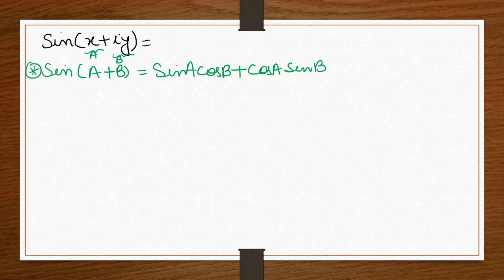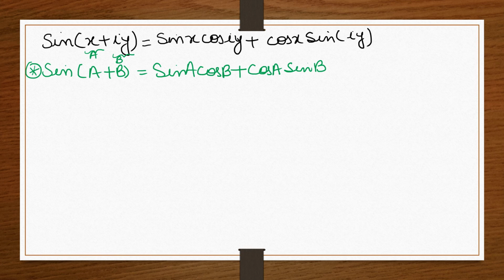Just apply this formula and check what you are getting. So we are getting sin x cos iota y plus cos x sin iota y, right? Now see class, we have done one more formula, what is sin iota x? In the previous slide we discussed this. This is iota sinh x.